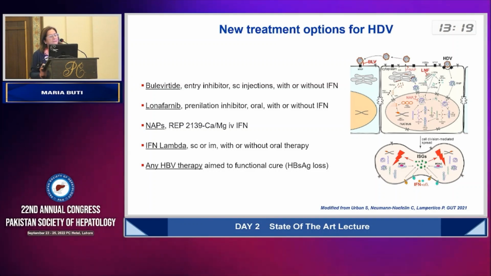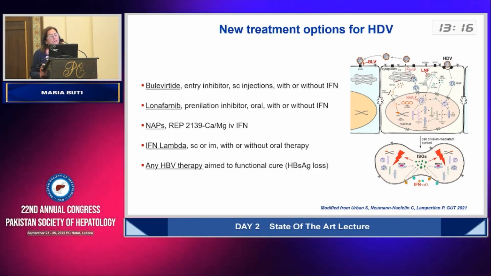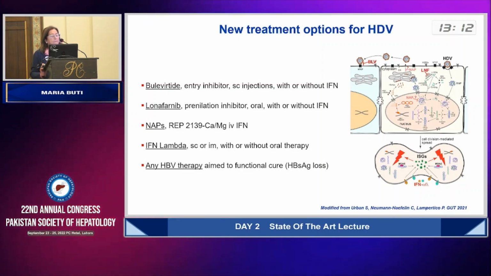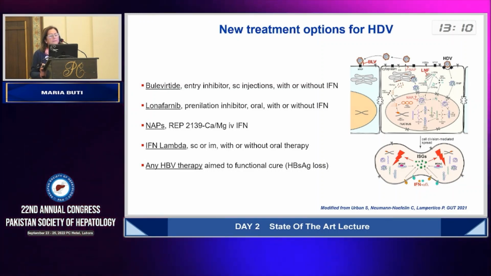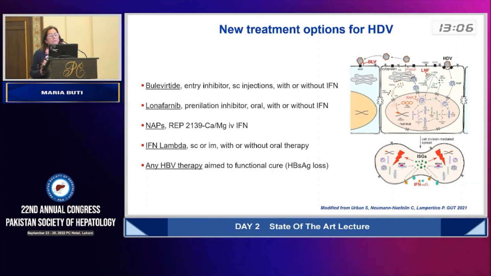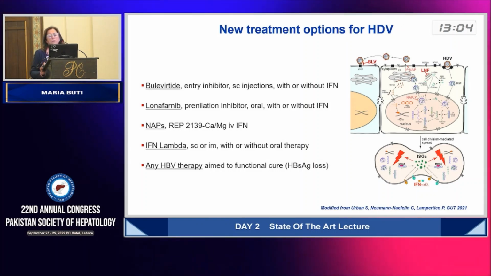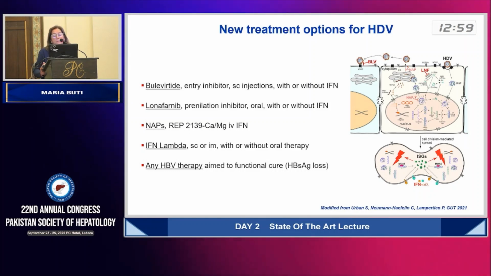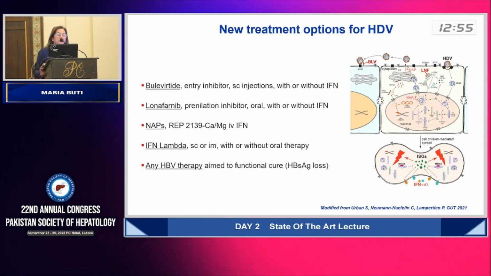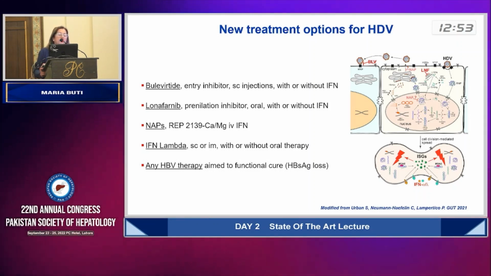Some of them are still under investigation, and here you have listed these different drugs. Bulevirtide, an entry inhibitor that is administered by subcutaneous injection. Lonafarnib, a prenylation inhibitor, a step used for the replication of delta, and an oral drug.